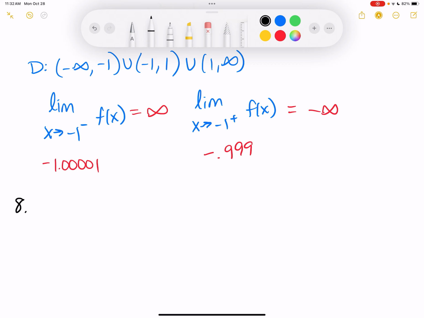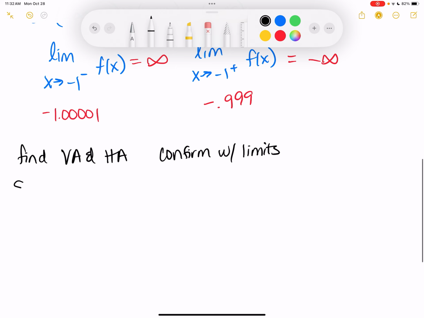We're going to be finding the horizontal and vertical asymptotes, and then we're going to confirm with limits. There's some other stuff that they tell you to do that we're not doing on these ones. So number 8, f of x equals 3x minus 2 over x minus 1.